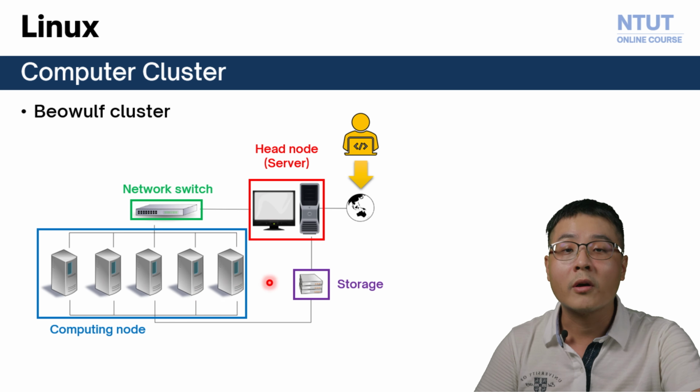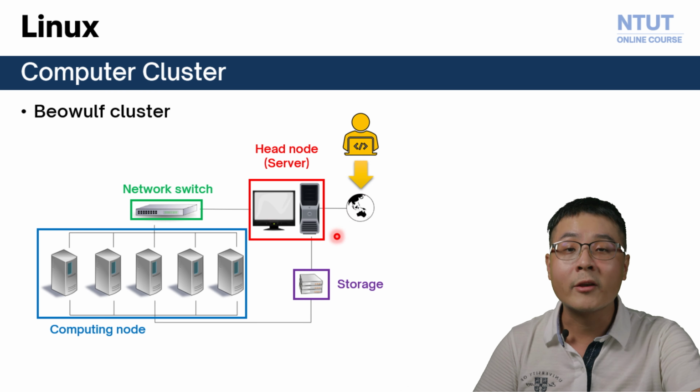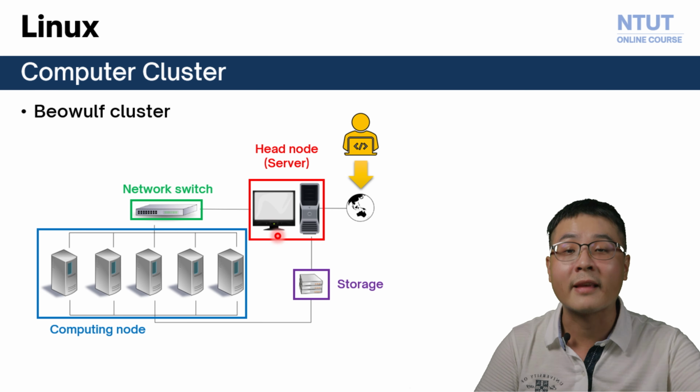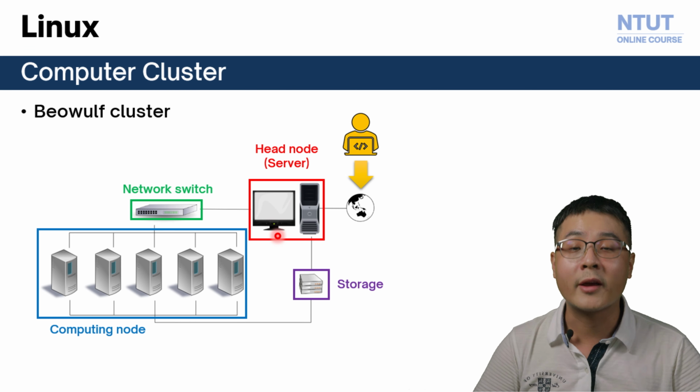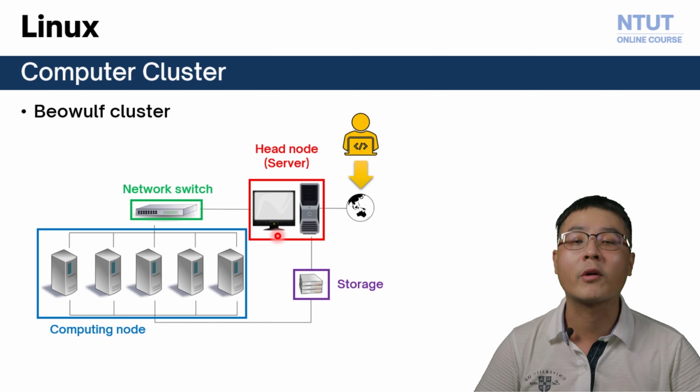And you will also see storage here. And here we are trying to manipulate the head node computer in order to make some simulation by using this computer cluster or a supercomputer.